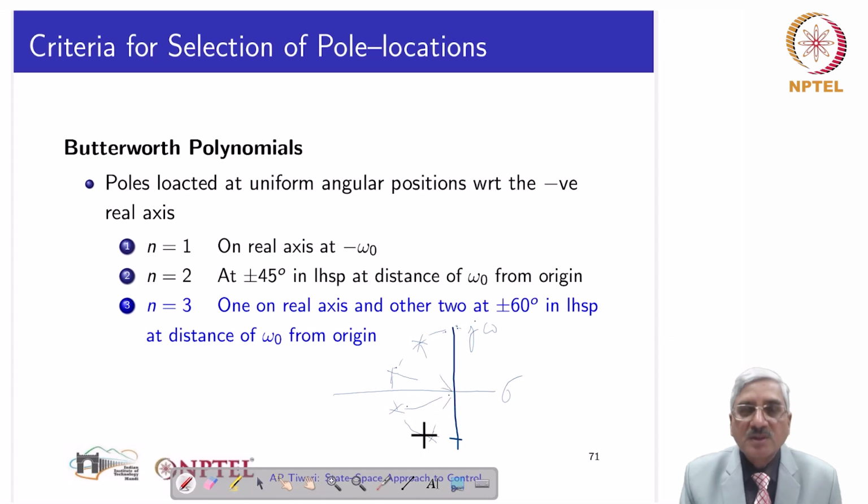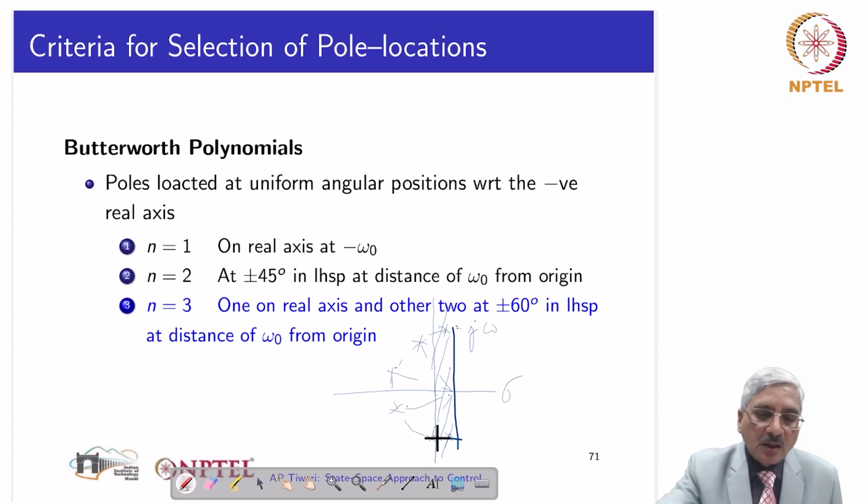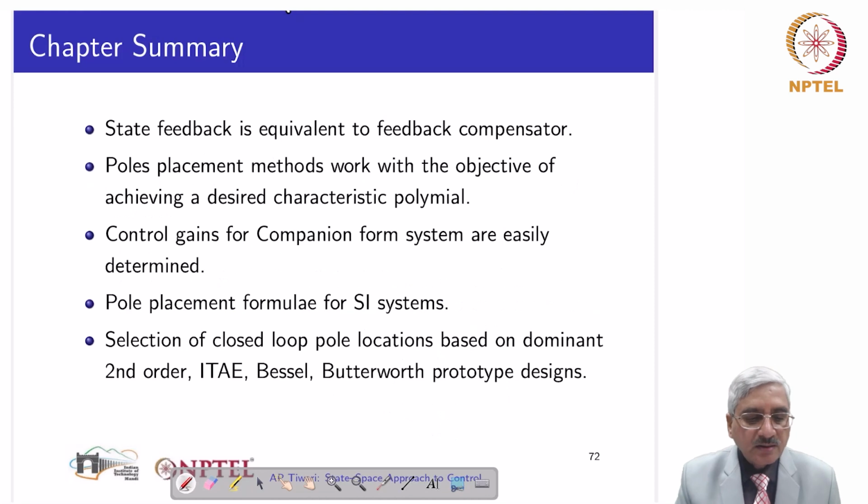In this manner, the poles can be selected. However, we see for higher order systems, what will happen? Poles will come very close to the imaginary axis, and that is to be avoided. So additional constraint can be put that we don't want pole in some region very close to the j omega axis, the imaginary axis, so that the dominant pole will have a good damping. That is the consideration.